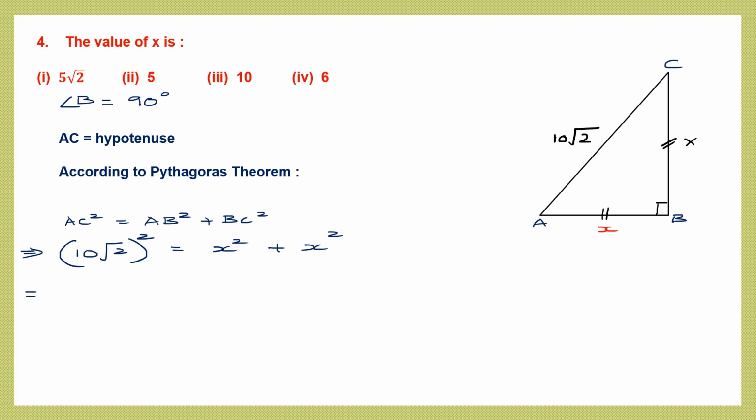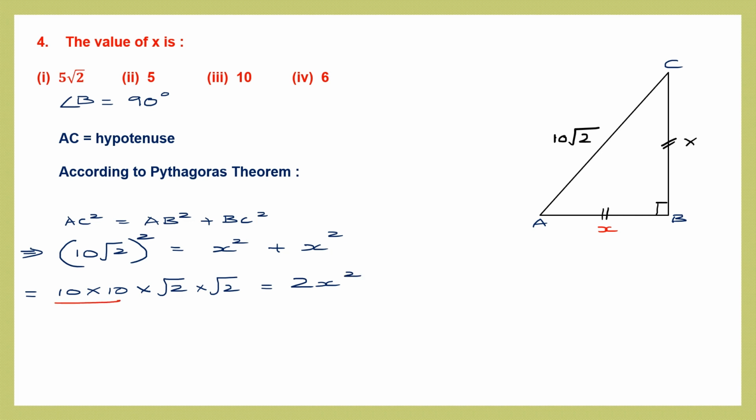So this is going to be 10 root 2 the whole square. We can simplify this. 10 square will be 10 into 10. So that is 10 into 10 into root 2 into root 2. So this is equal to 2x square. Now again let's simplify.